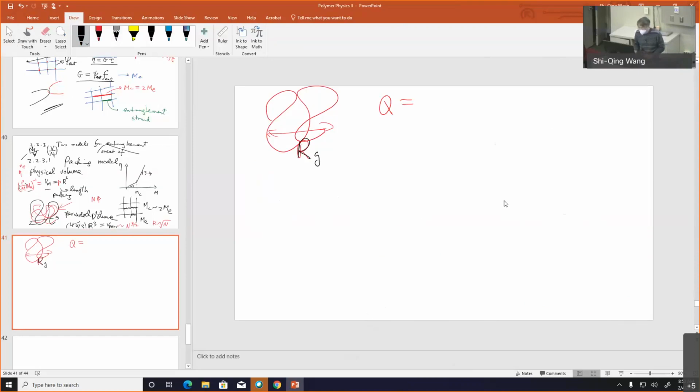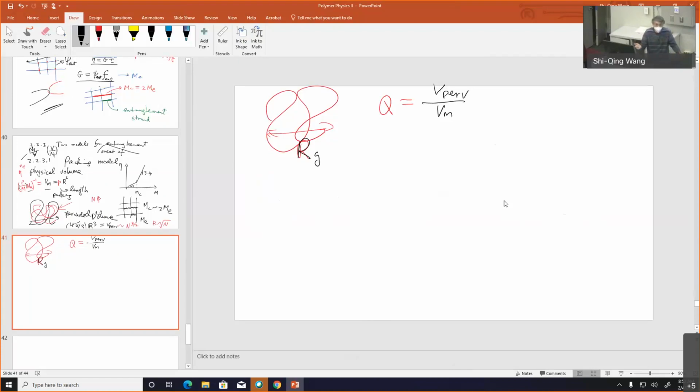That's easy because we know the pervaded volume, which is open. And we also know the physical volume, which is what this chain, if it collapses, would occupy. And of course, this open volume can accommodate many of these collapsed chains.